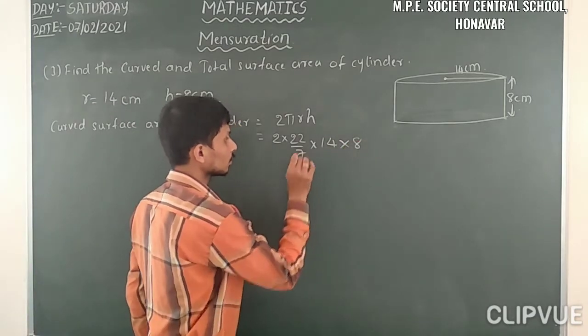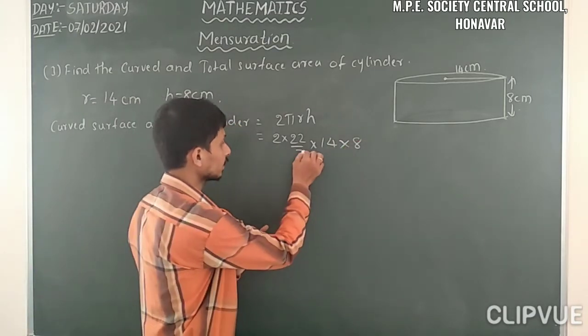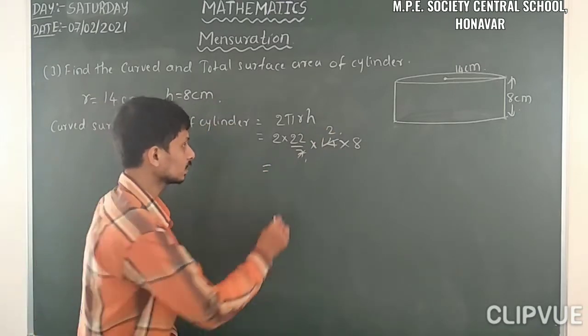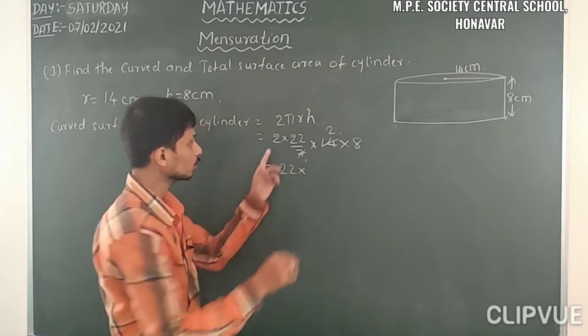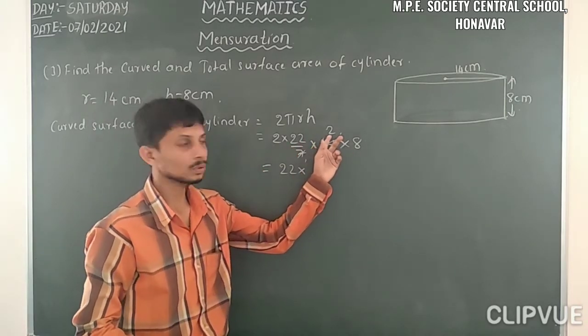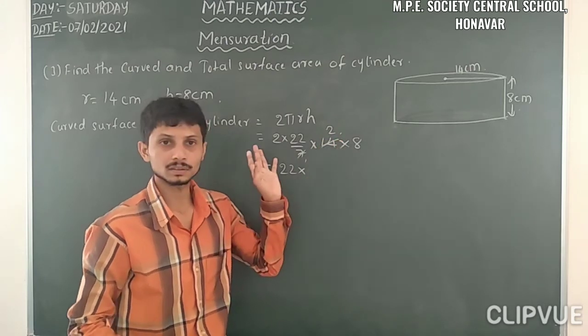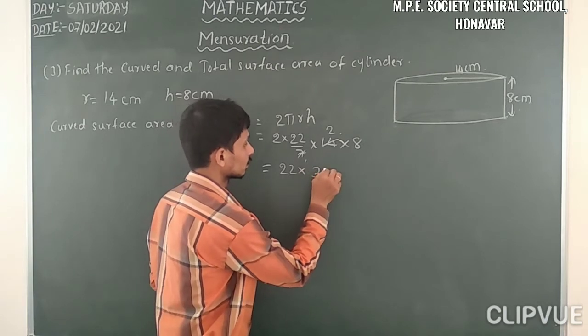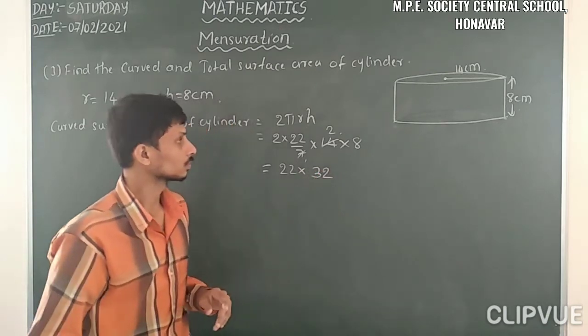Then we have to cancel out some of the terms, 7 into 1 and 7 into 2. Here just observe we have the terms 22, and 2 into 2 into 8, that is 2 into 2, it is 4. So 4 into 8 is 32.